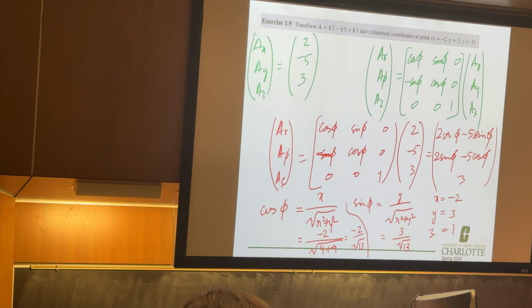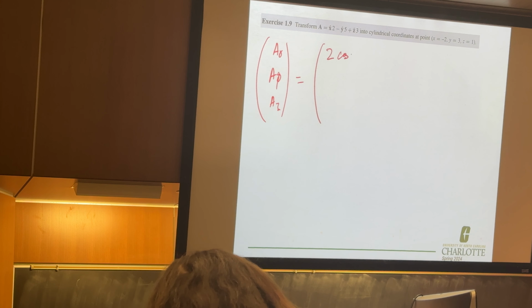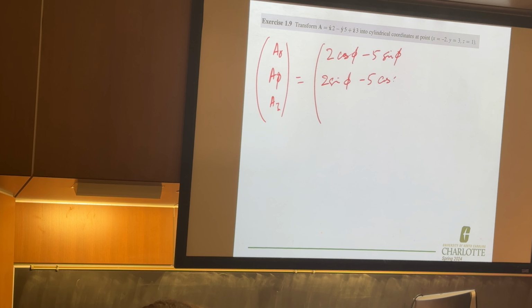So, I will repeat that. Ar, Aphi, Az is equal to 2 cosine phi minus 5 sine phi, then 2 sine phi minus 5 cosine phi, and then we have 3.